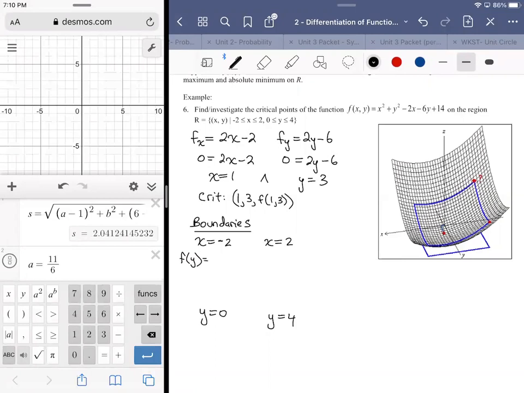So plug a -2 in for x, I'm going to get 4 plus y squared plus 4 minus 6y plus 14. Clean it up. y squared minus 6y plus 22.